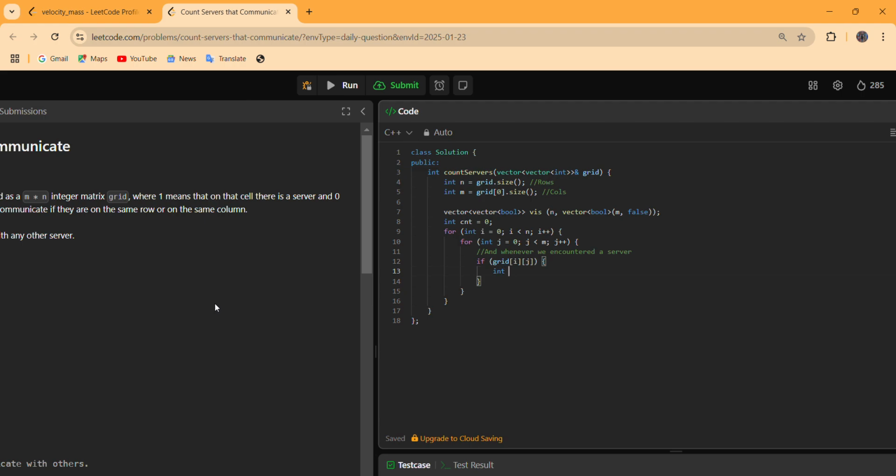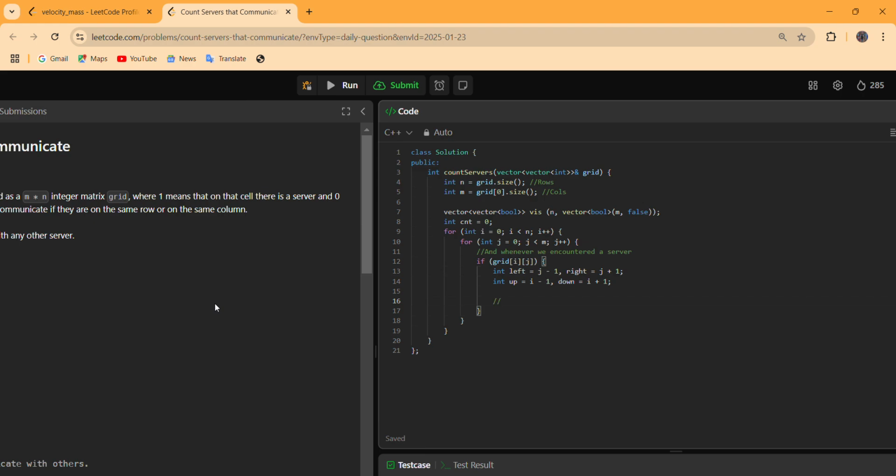Like this, the left could be j minus 1, right, and so on.